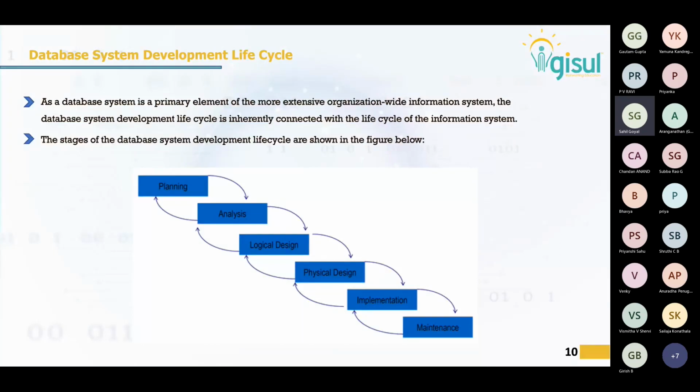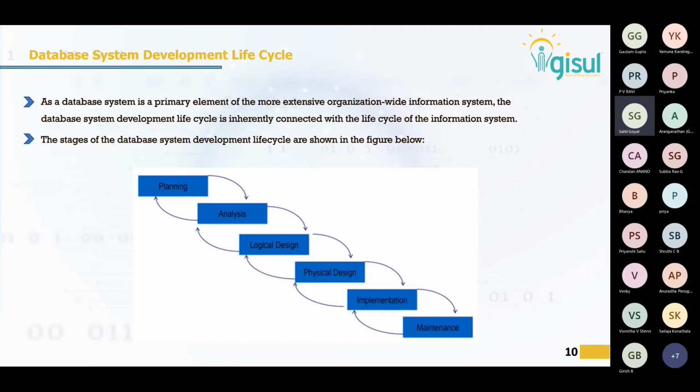Once we have the physical design ready, we will take the scripts of the database and start doing the implementation on the database we have selected. Let's say we have selected Oracle, SQL Server, or Snowflake. Whatever physical design has been approved and created is then implemented on that particular database.